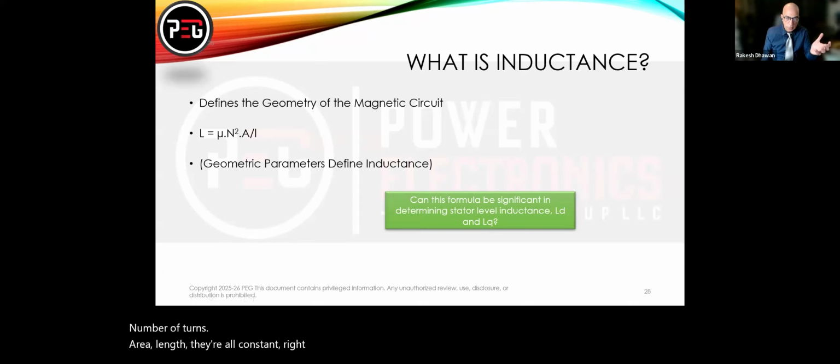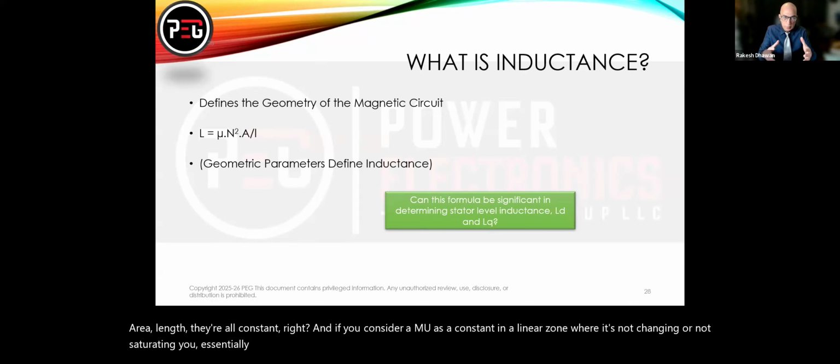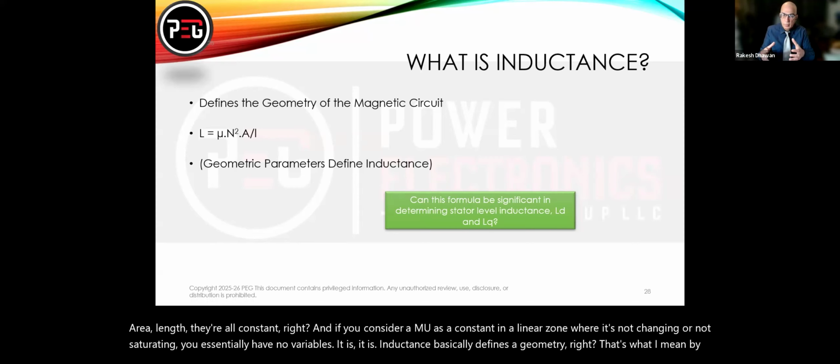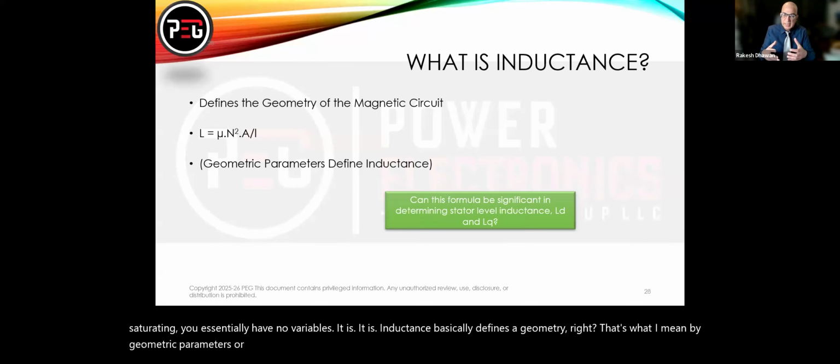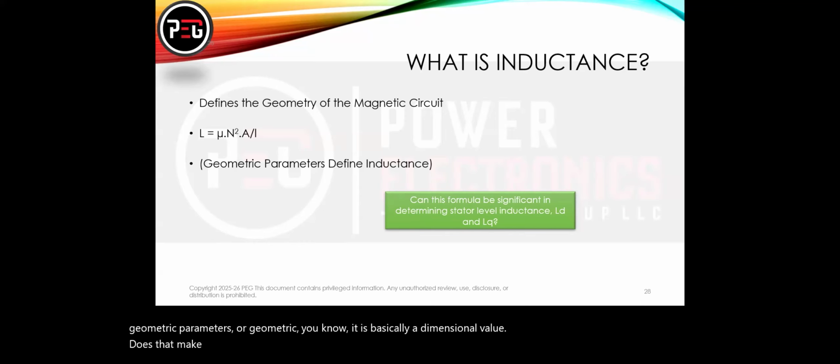And if you consider mu as a constant in a linear zone where it's not changing or saturating, you essentially have no variables. Inductance basically defines a geometry. That's what I mean by geometric parameters, it's basically a dimensional value. Does that make sense? Okay. Yeah. Thanks. Yeah. All right.